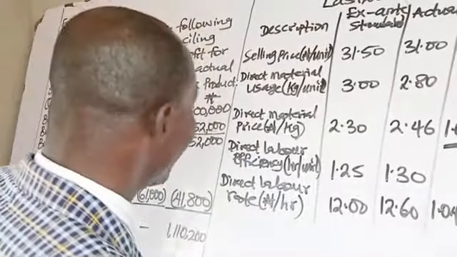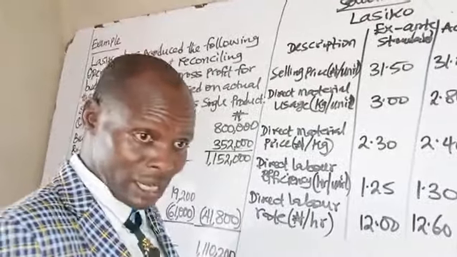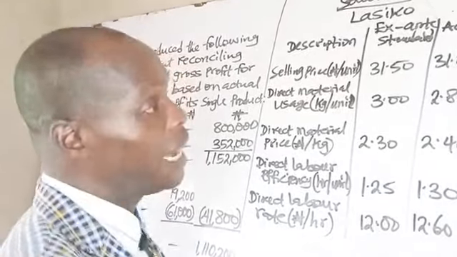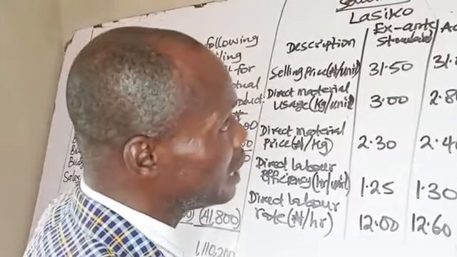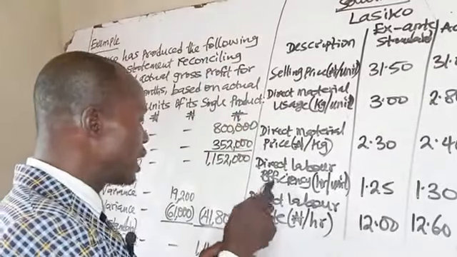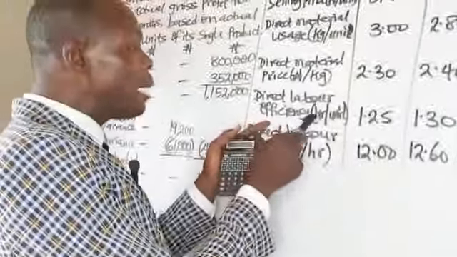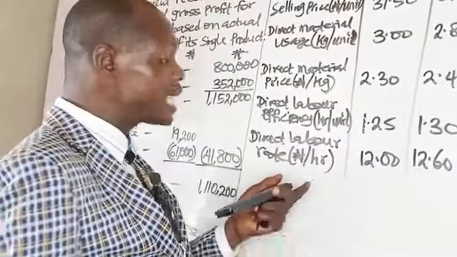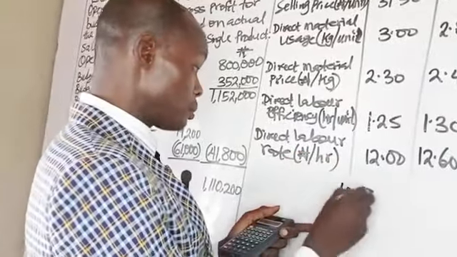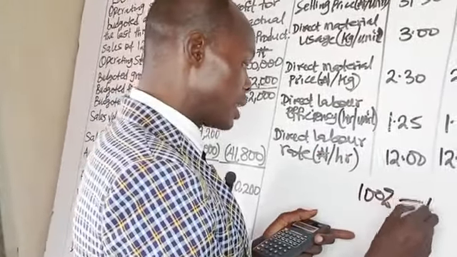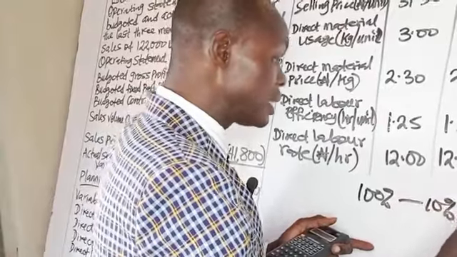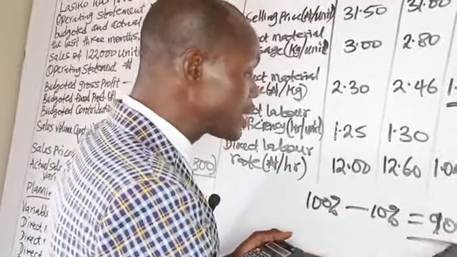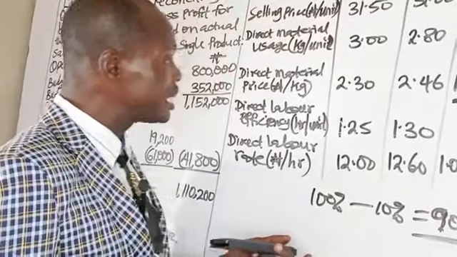Now, if the efficiency of labor decreases by 10%, what is our direct labor efficiency? The actual efficiency attained, if you subtract 10% from 100%, will be 90%.